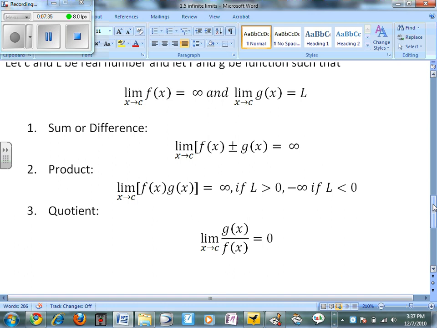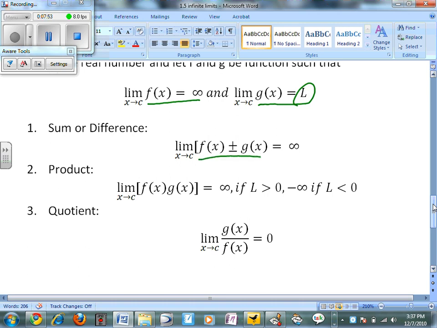Just some properties of limits. I'm saying the limit of f of x equals infinity. The limit of g of x equals some number, 5, whatever. So we're saying some properties of limits. Remember when we added or subtracted limits, it'd be the limit of f of x plus or minus whatever we're doing, the limit of g of x.